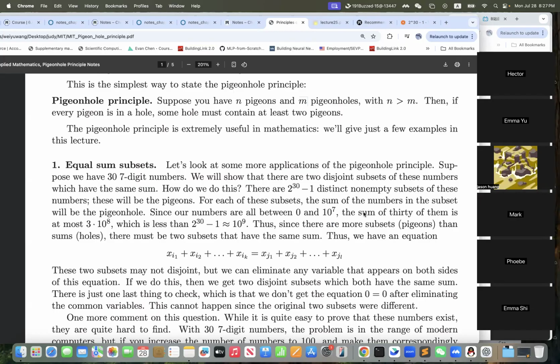And another question. So we have 30 7-digit numbers, right? Why is their sum at most this number? Each 7-digit number is between these bounds, right? So why is the sum of all the 7-digit numbers at most this?